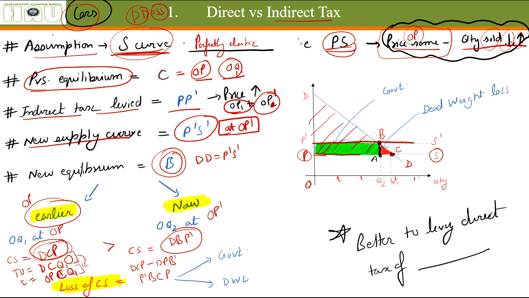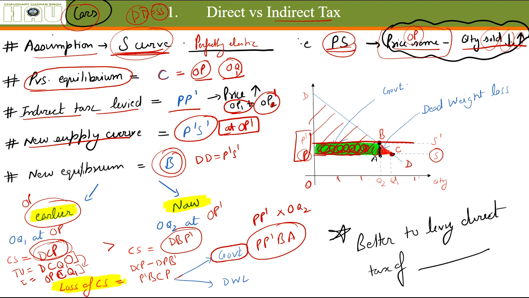Out of this loss, the government has got P dash BA, because PP dash is the tax on one unit, and OQ2 units have been bought. This green area is the consumer surplus that went to the government.